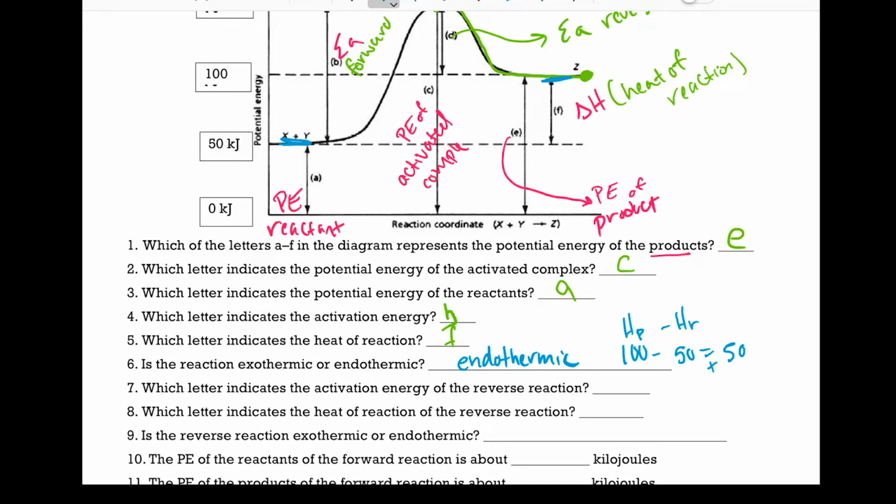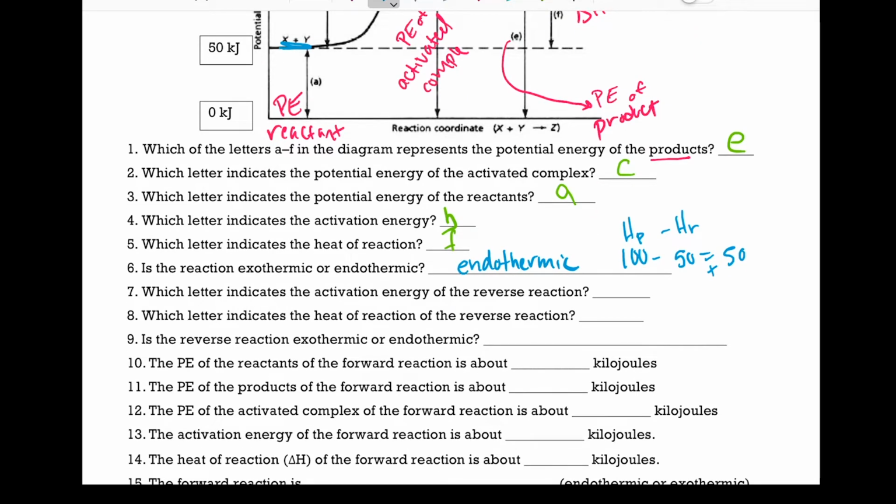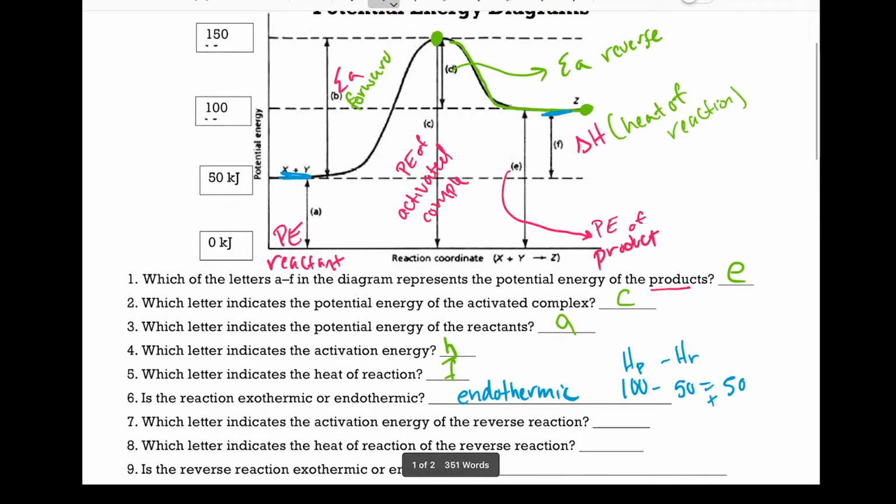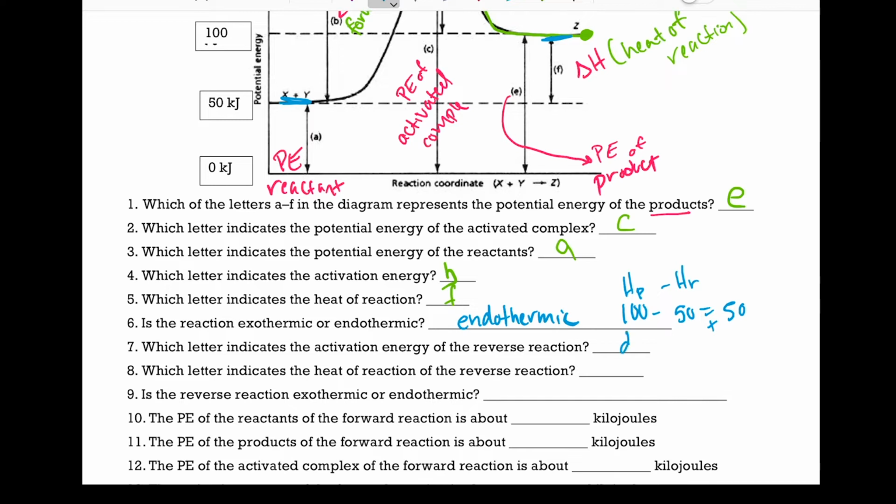Okay. 7 says EA of the reverse reaction. That's that weird spot that they may ask you, maybe not. That is D. And then the heat of reaction of the reverse reaction, it's still letter F. But now, if you were to calculate it, if we're starting at the end, that means our products have 50 kilojoules.